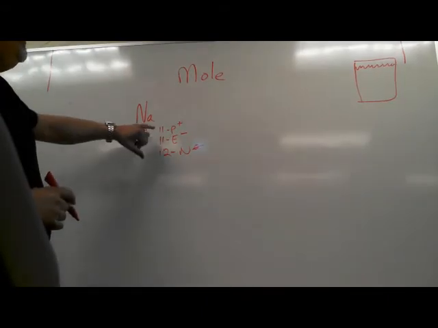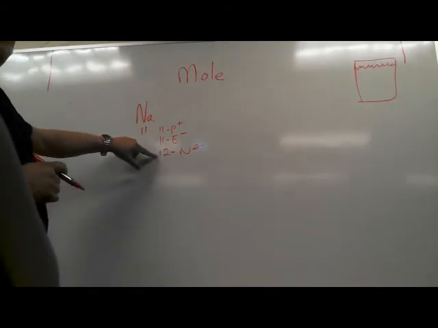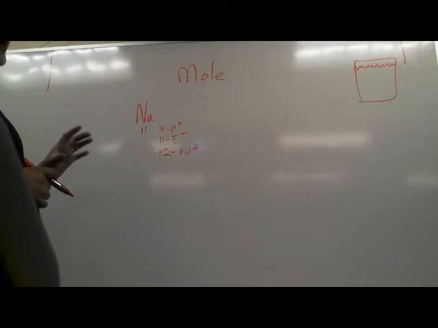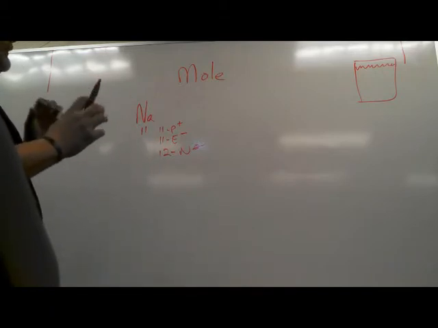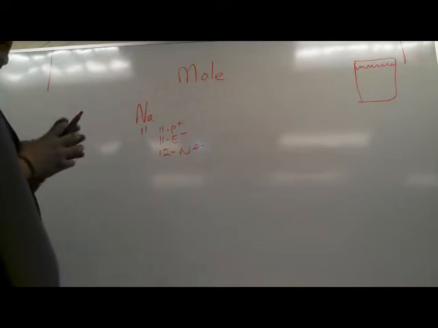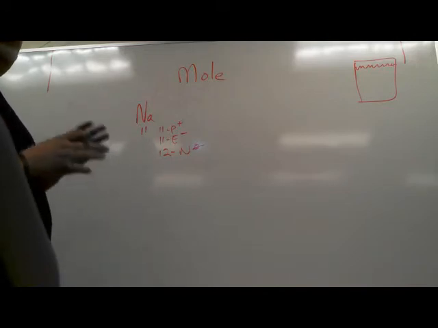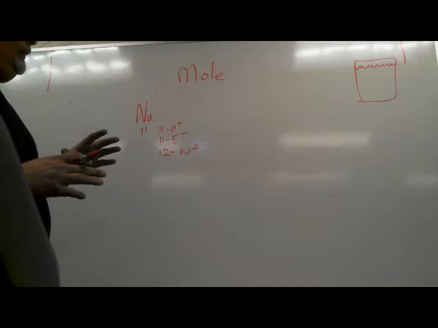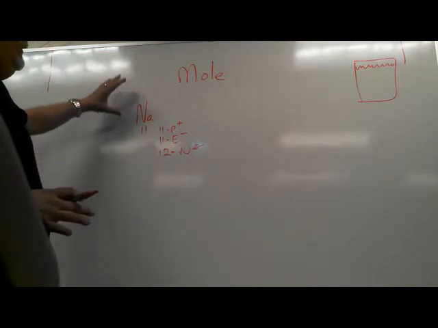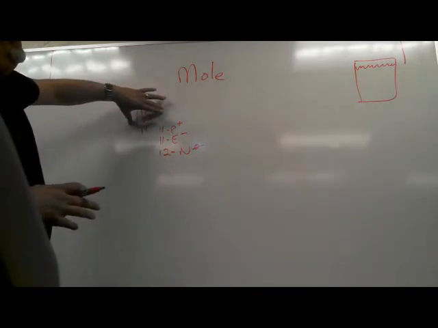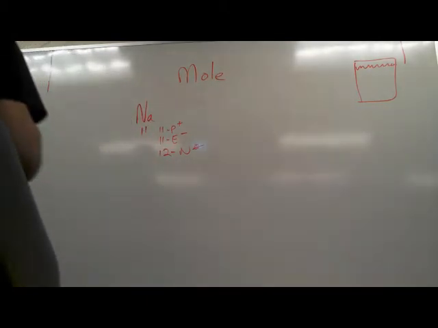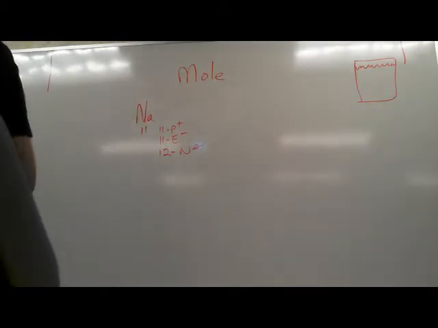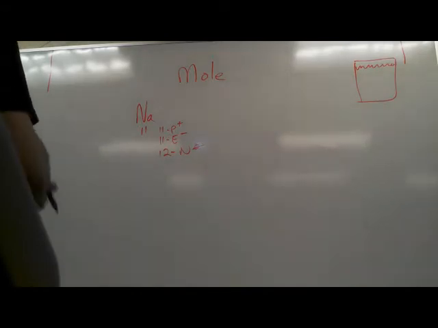And we know that protons and neutrons are what create all of the mass of an element. They're centrally located in the nucleus, very tightly compacted. They are what provides all of the mass in an element in one atom of sodium. So, how would we weigh out sodium, because we can't even see an atom of sodium?